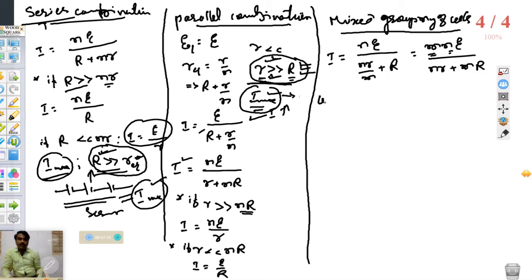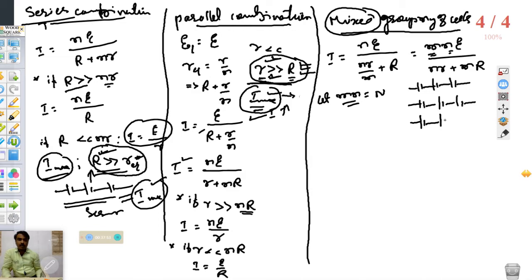Or else, let m into n equal N, the total number of cells in the mixed grouping. For example, one cell, two cell, three cell, again one, two, three, again first, second, third. So 3 in one row, 3 in the second row, 3 in the third row.